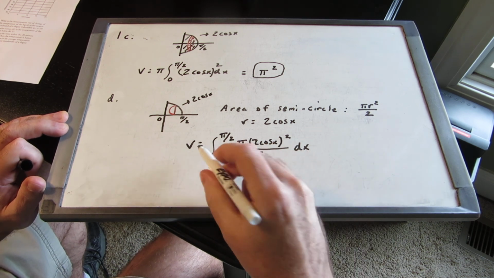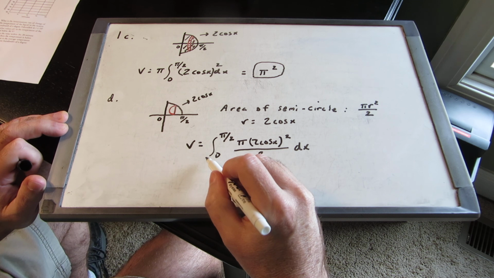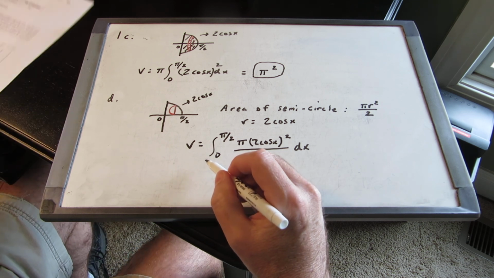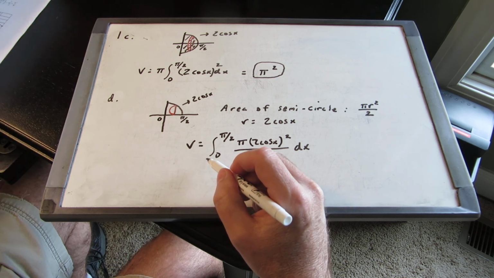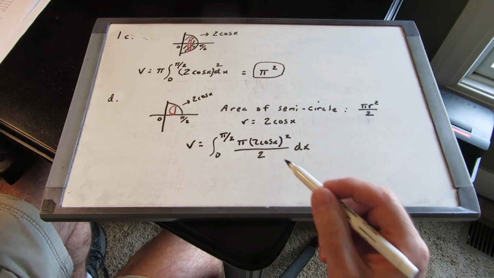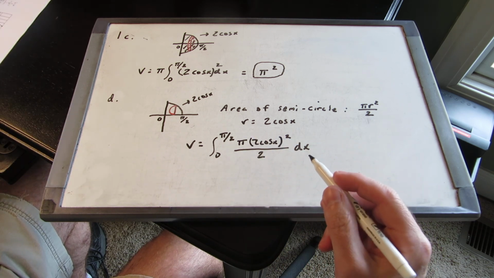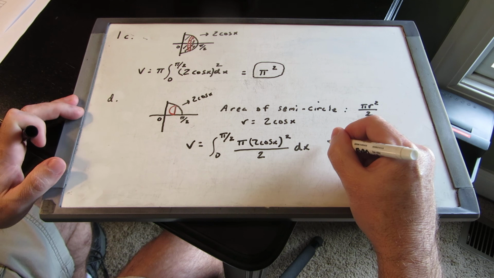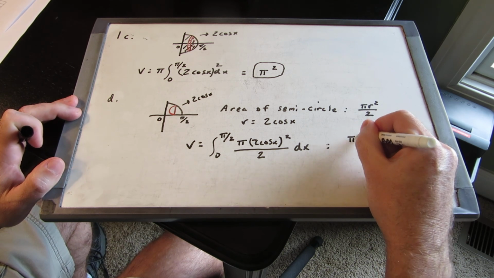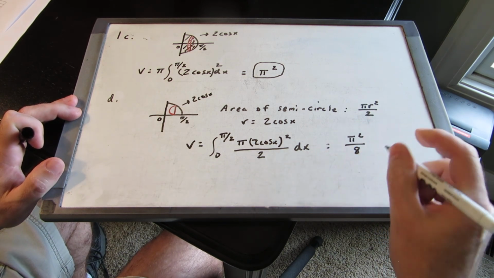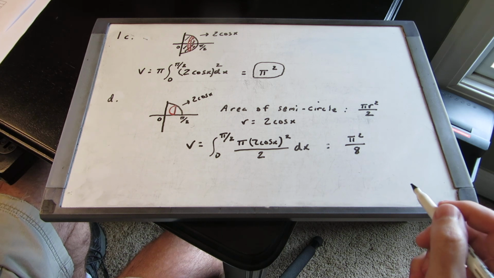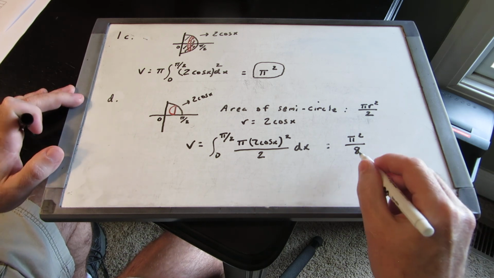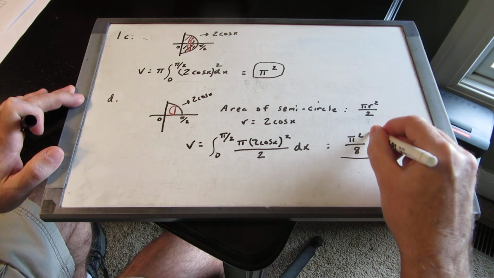Now you can bring that pi over 2 out front. That might be easier when sticking it into your calculator. But let the calculator do all the work. And what you'll get, go ahead and give it a try, is pi squared over 8. Again, if you do this in decimal, then make sure to carry it out three places.